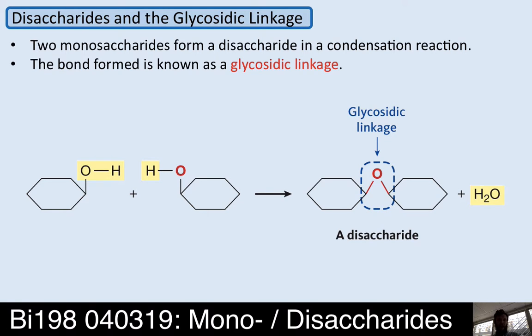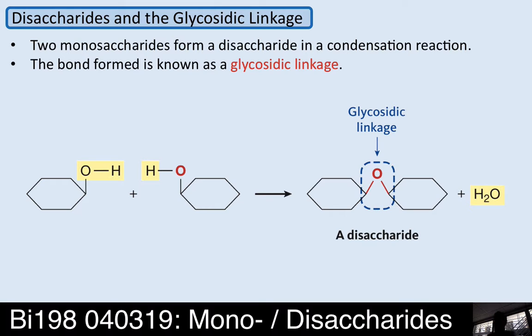We create a disaccharide by building what's called a glycosidic linkage, through a type of reaction called a dehydration reaction. So I have these simplified sugars here. I've stripped everything off but the action for simplicity's sake, so you don't get confused, and I'm just showing the atoms that are going to be involved.